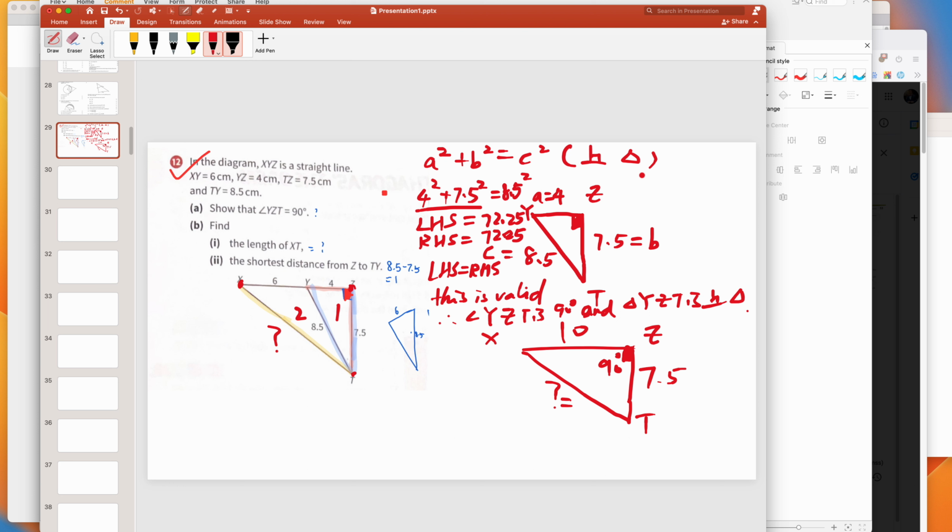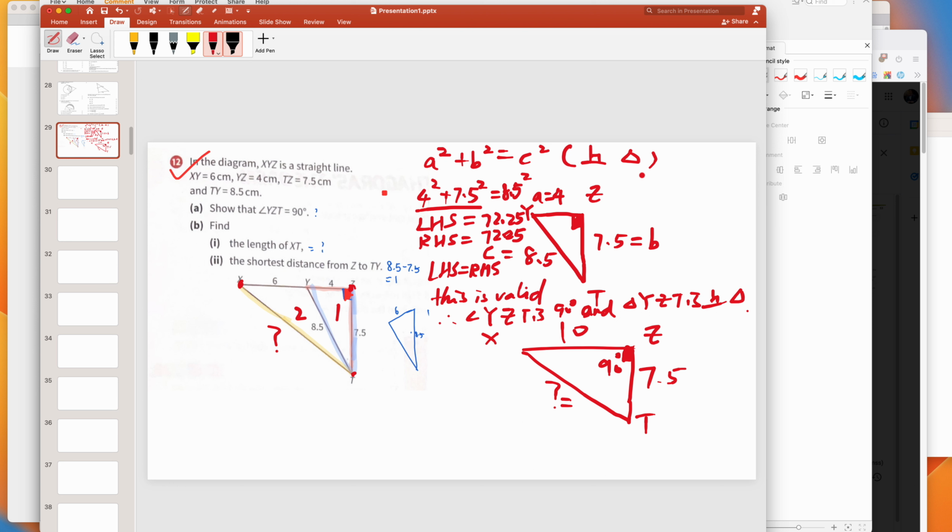Can you label your A, B, C? You do it like my steps just now. I use small letters for a, b, c, you can use capital letters.